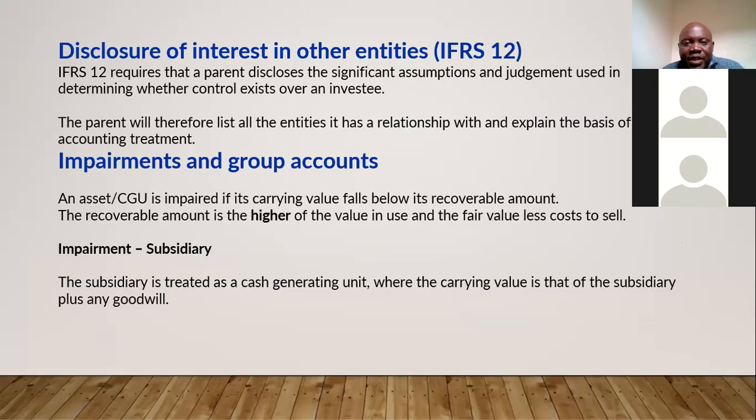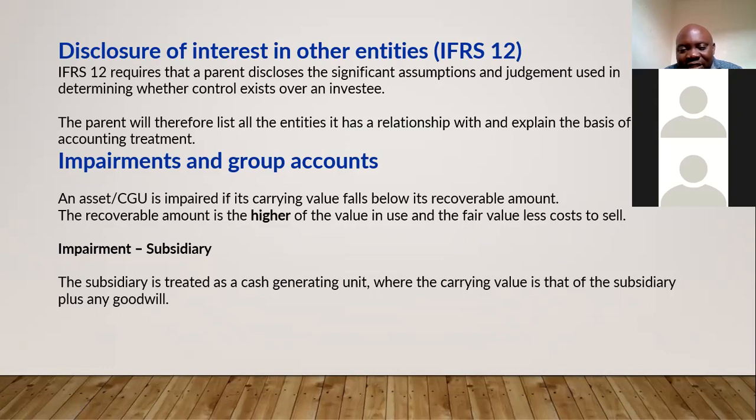Okay, so we look at IFRS 12, which basically looks at the disclosure of interest in other entities. It requires that the parent discloses the significant assumptions and judgments used in determining whether control exists over an investment.